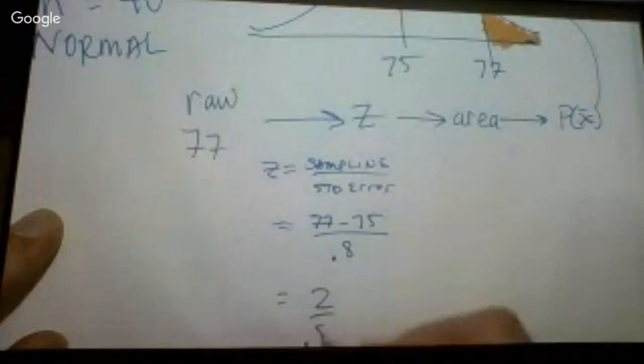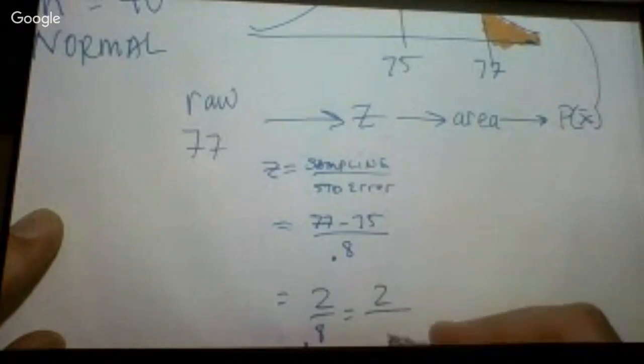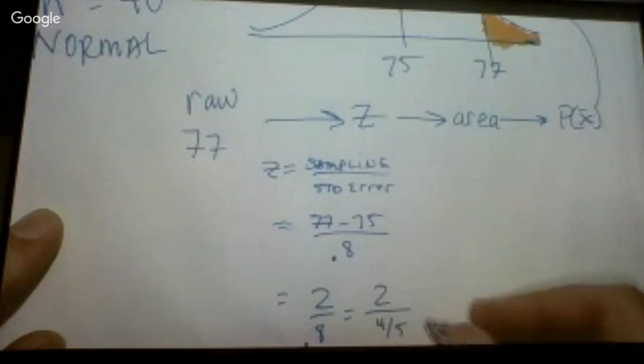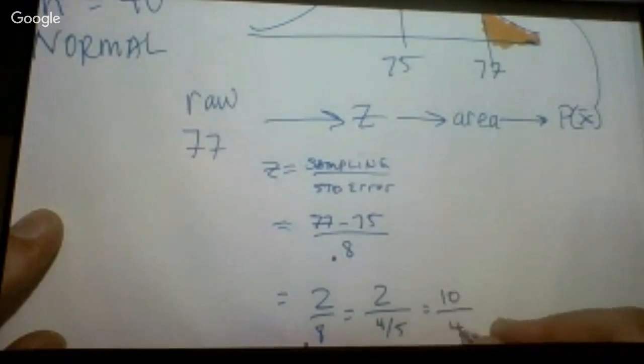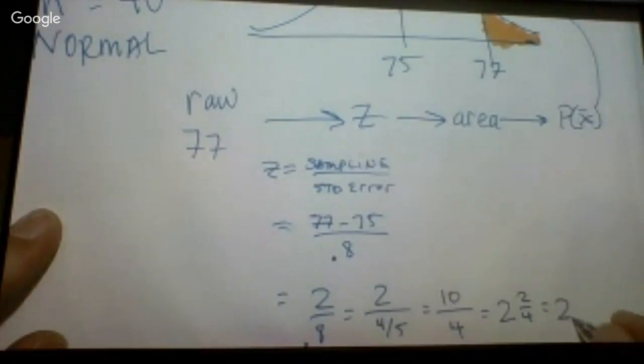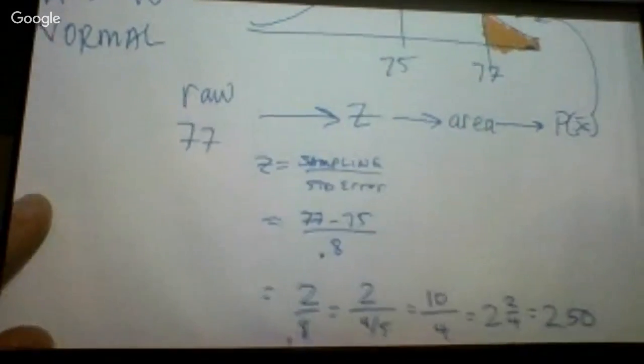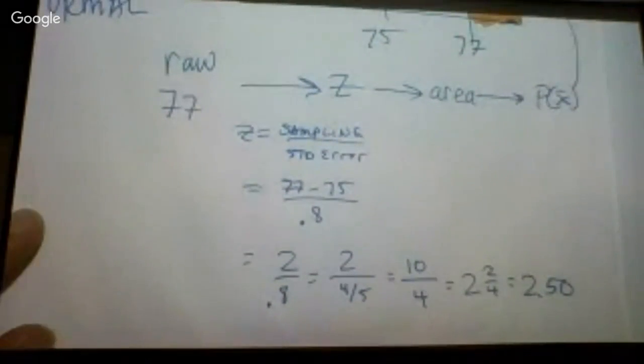Two over 0.8 is the same as 2 over 4/5, which is the same as 10 over 4, which is the same as 2 and 2/4, which is the same as 2.5. Thank you, fractions.